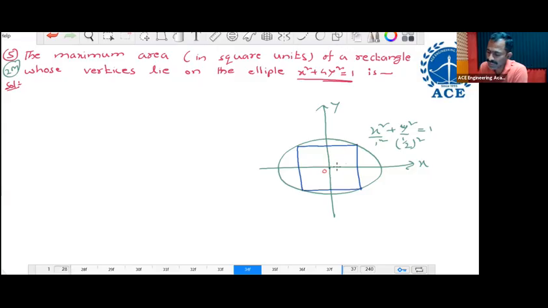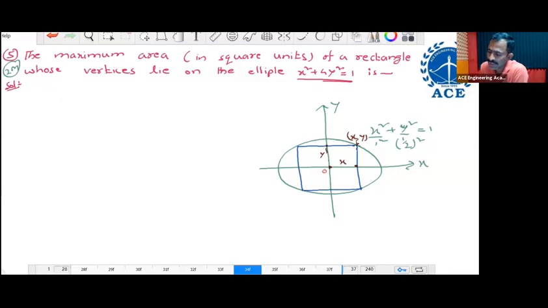Let us suppose this length is x, from here to here, and this height is y. Then this vertex will be x comma y, a general vertex, because we don't know the exact length or distance. So the general length along the x-axis we take as x, and the height along the y-axis we take as y.